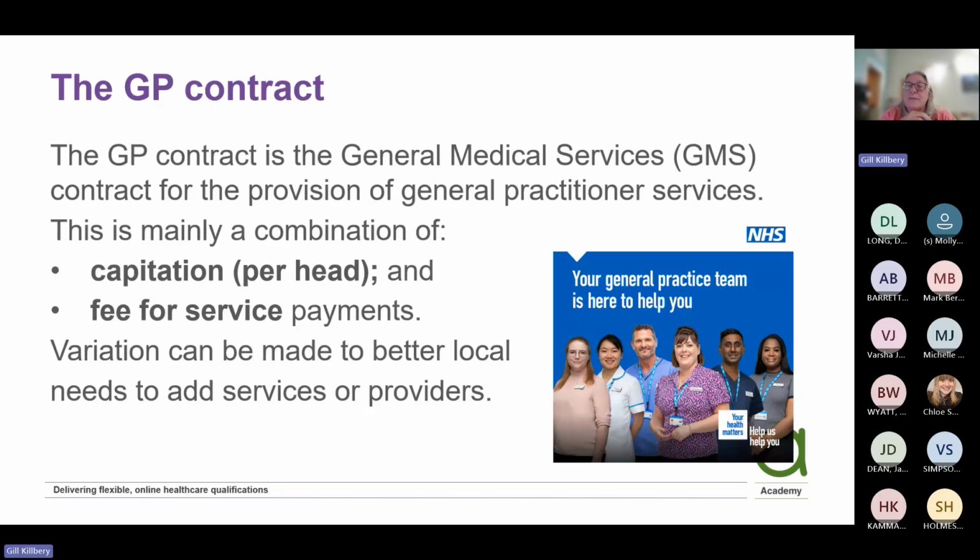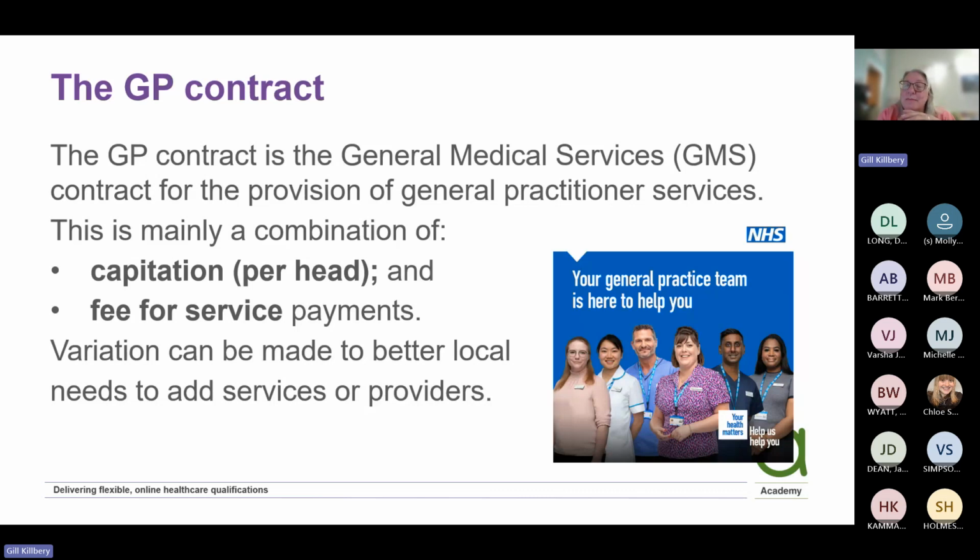The GP contract has some things in it which are mandatory. We usually refer to them as core, and other elements that the practice can choose to provide or not. It's enhanced services, is what they're generally known as. The capitation element referred to in the slide makes up core funding, and it's based on the number of people registered with the practice.